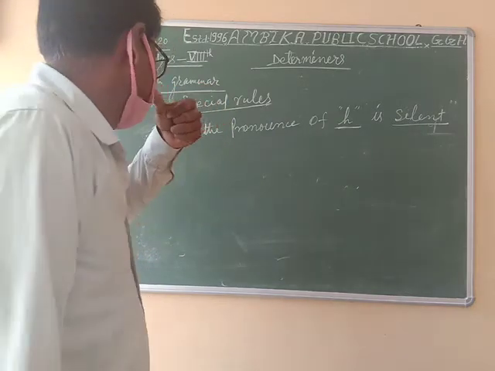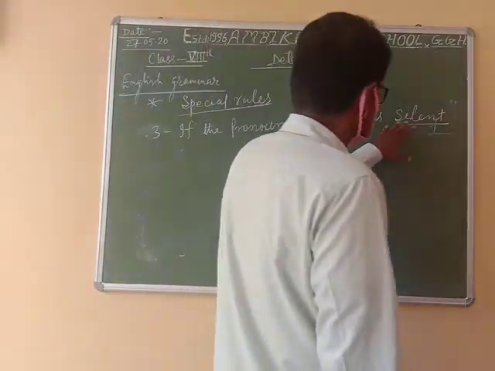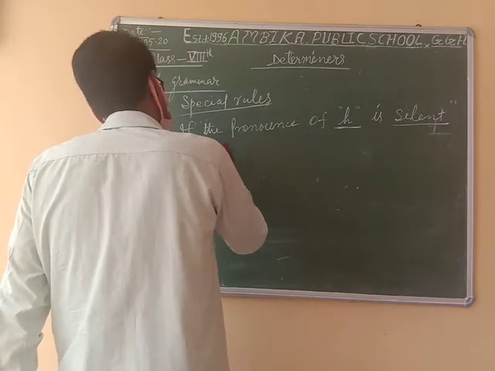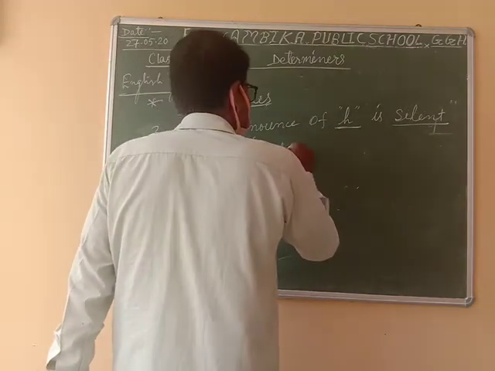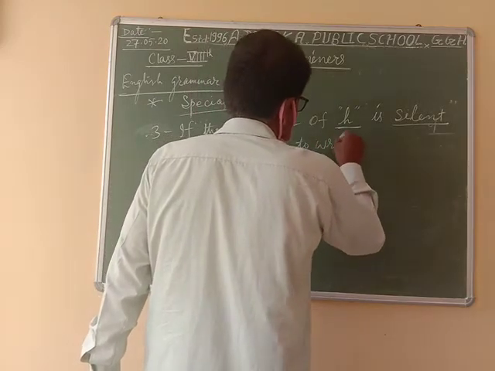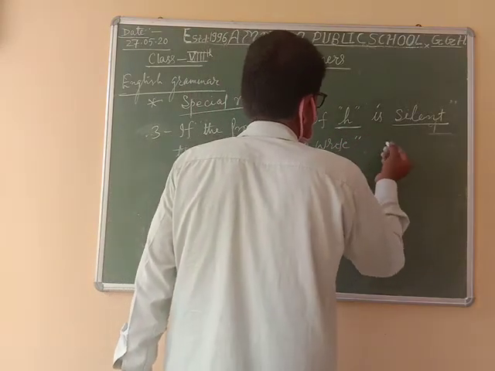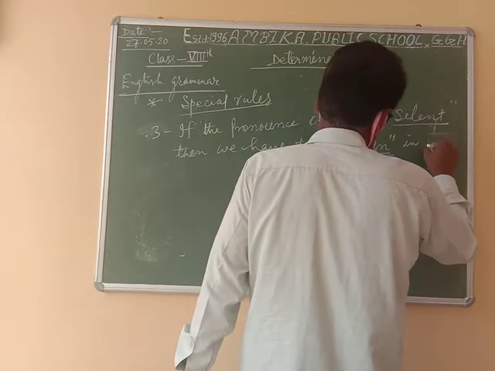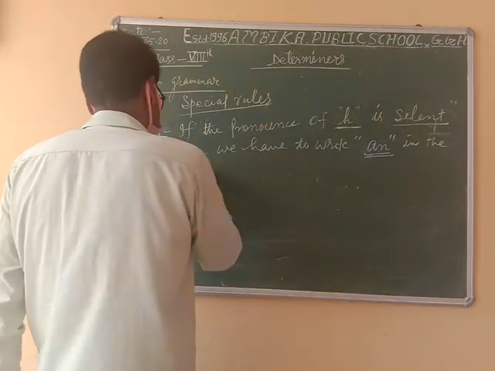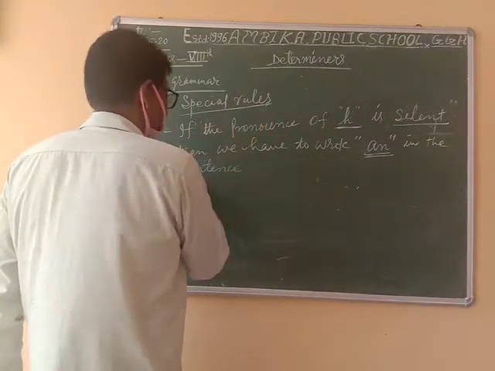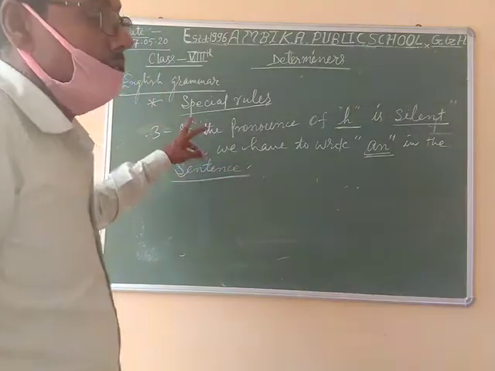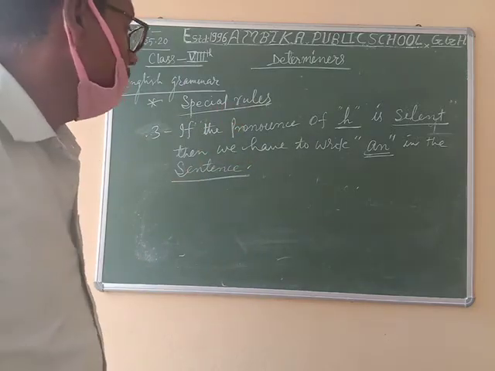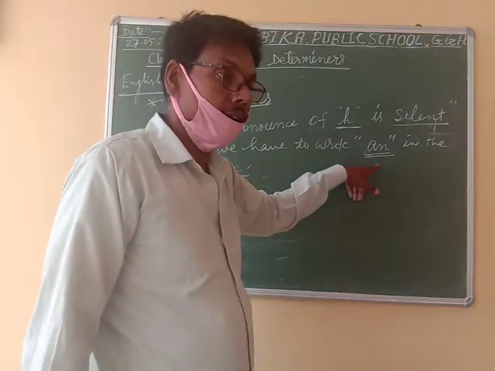Okay, if the pronouns of H is silent, then we have to write N in the sentence. हमने क्या लिखा कि H का स्वर न के बराबर हो, साइलेंट हो या एस्पिरेटेड हो, तो हमको क्या यूज करना है? N यूज करना है.